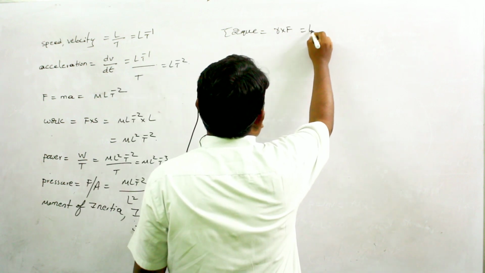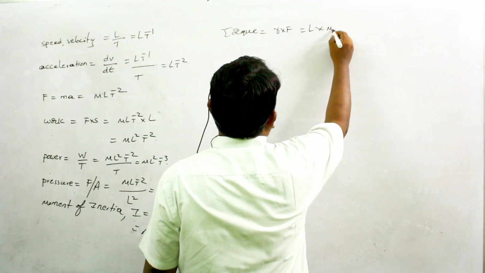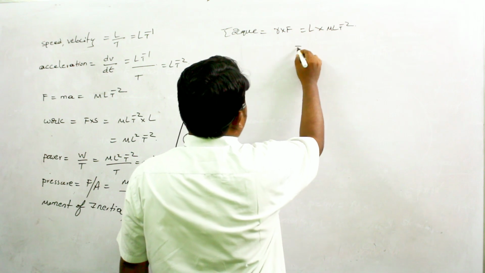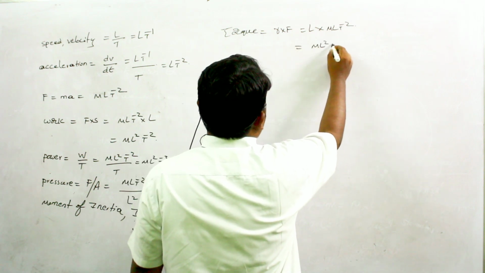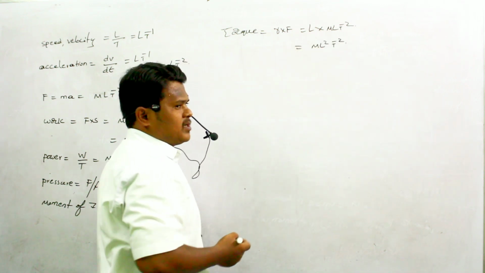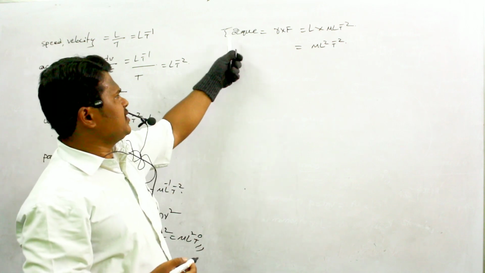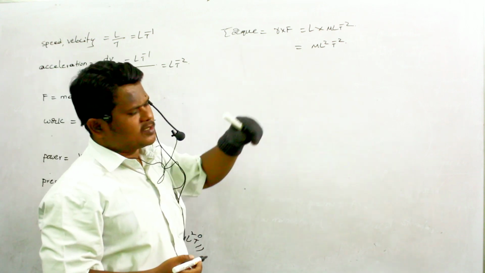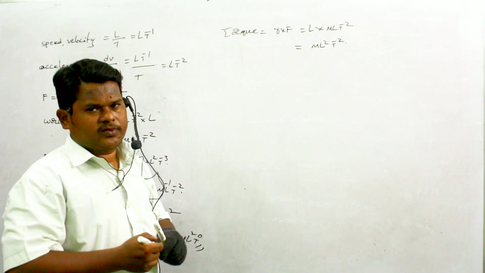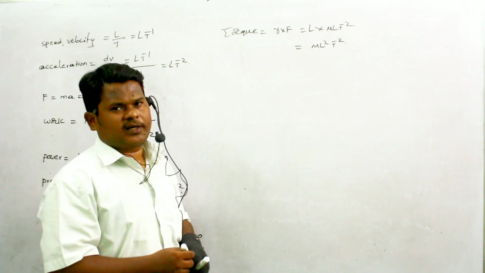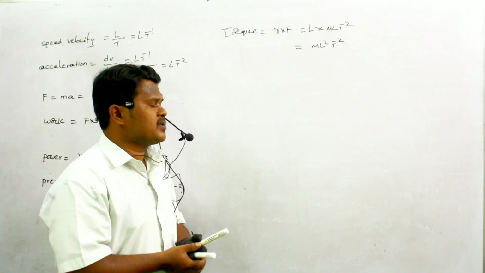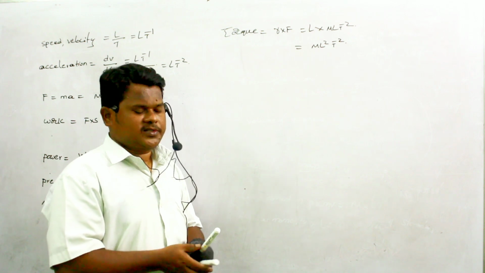Therefore L, and the dimension of force is M L T power minus 2. So I can write M L square T power minus 2. If we observe carefully, torque has a dimension of M L square T power minus 2, which is also the dimension of work done. So work done is also M L square T power minus 2 itself.